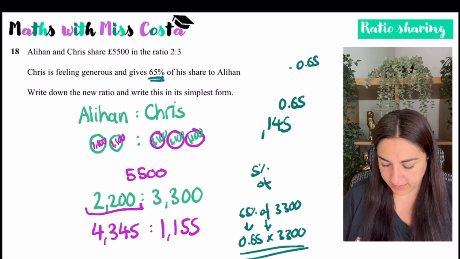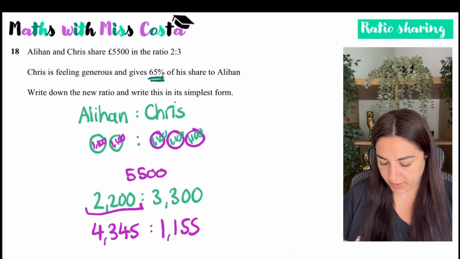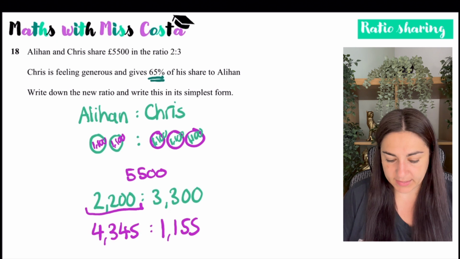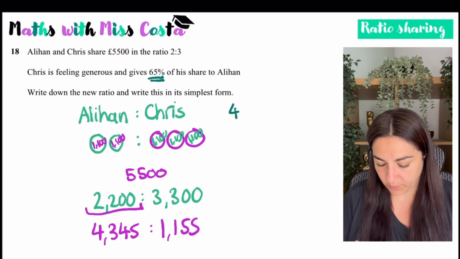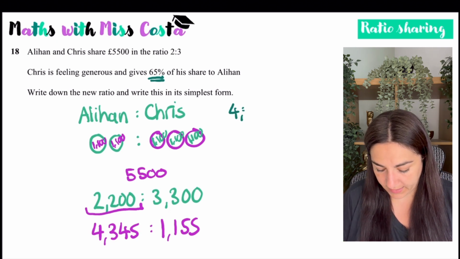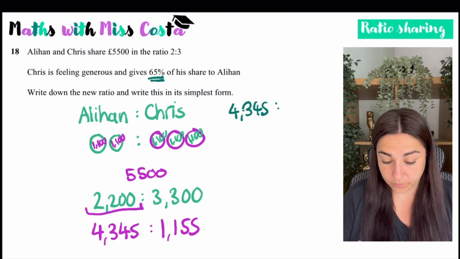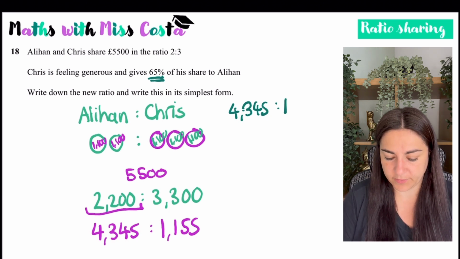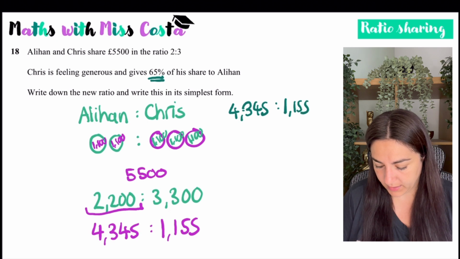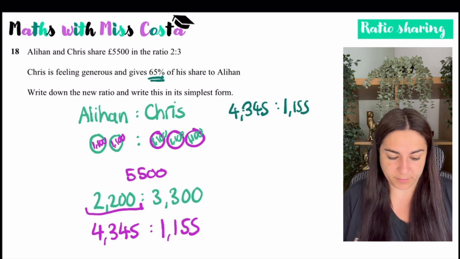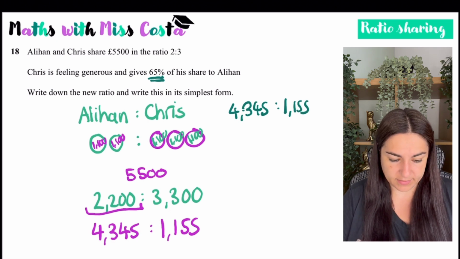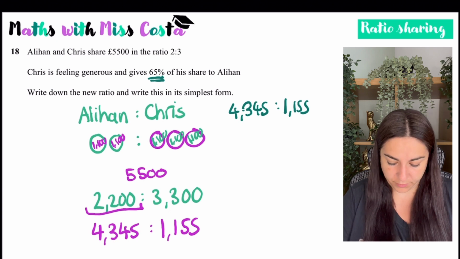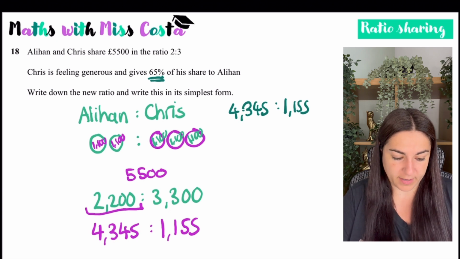And then I am asked to write the new ratio in its simplest form. So you've got a calculator, so this should be quite straightforward. What we're doing is just dividing until we get to a point where we can't divide anymore. So the first thing I'd probably divide by is 5. I divide 4,345 by 5.